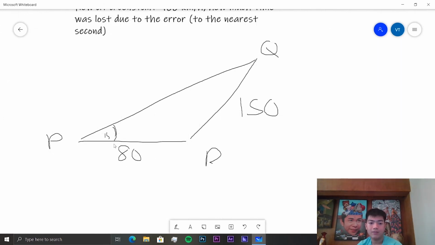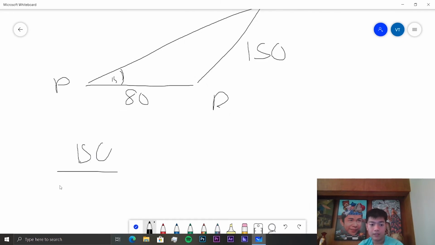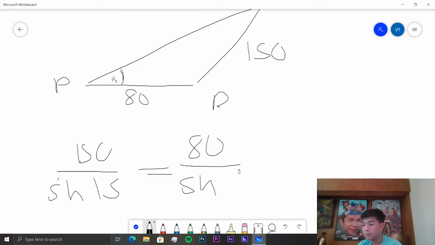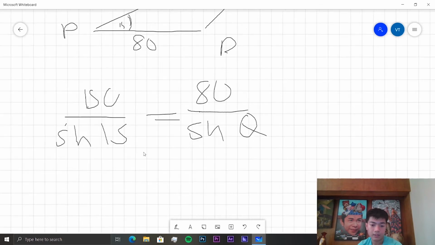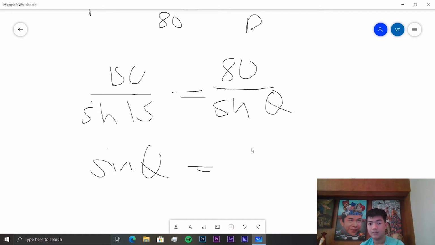So we have 150 over sine 15 is equal to 80 over sine Q. So sine Q is equal to 80 times sine 15 over 150.